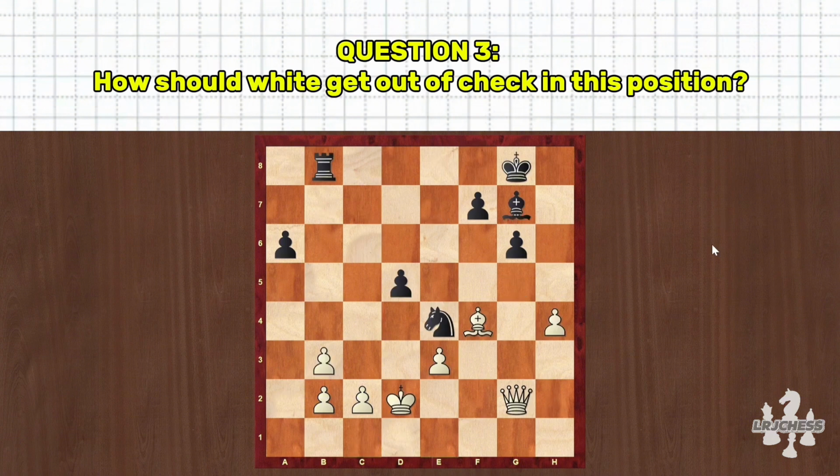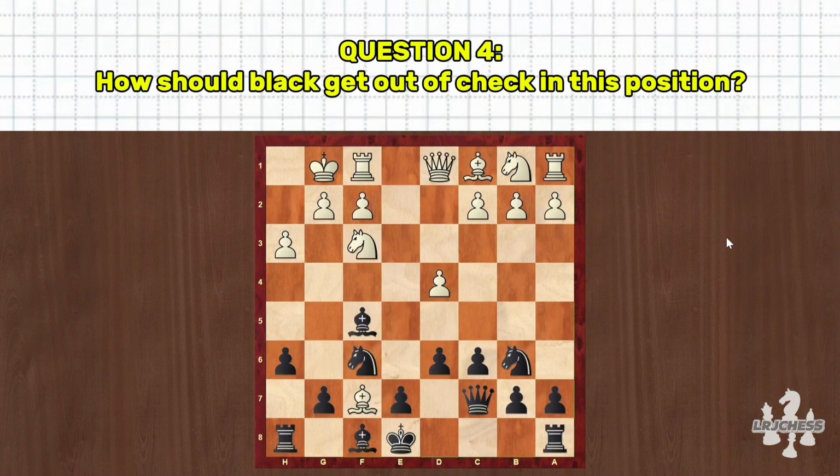Question number 3. How should white get out of check in this position? Question number 4. How should black get out of check in this position?